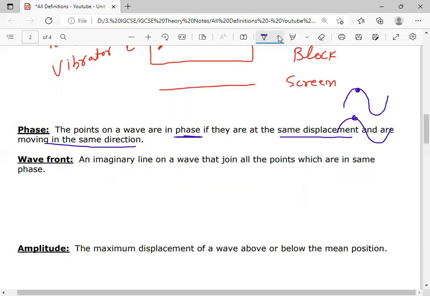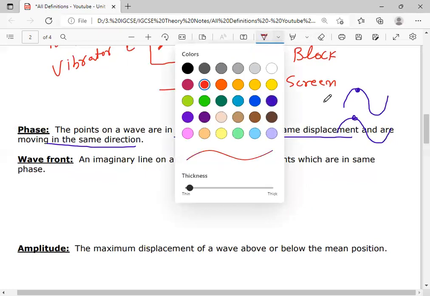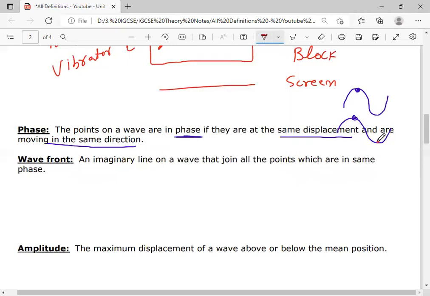But if we consider these two points, number 1 and number 2, they cannot be considered in phase because they are not moving in the same direction at the same time.